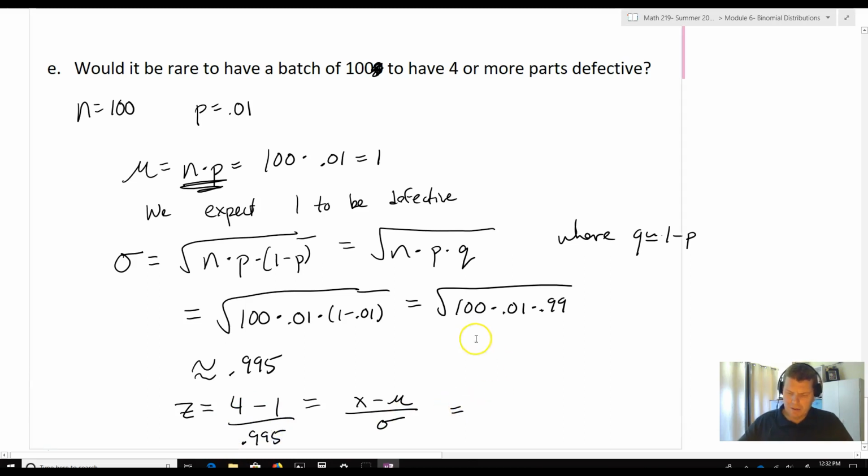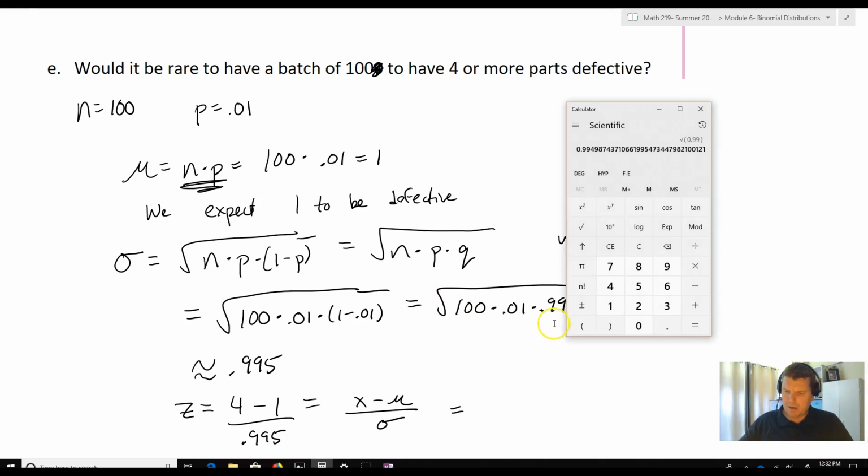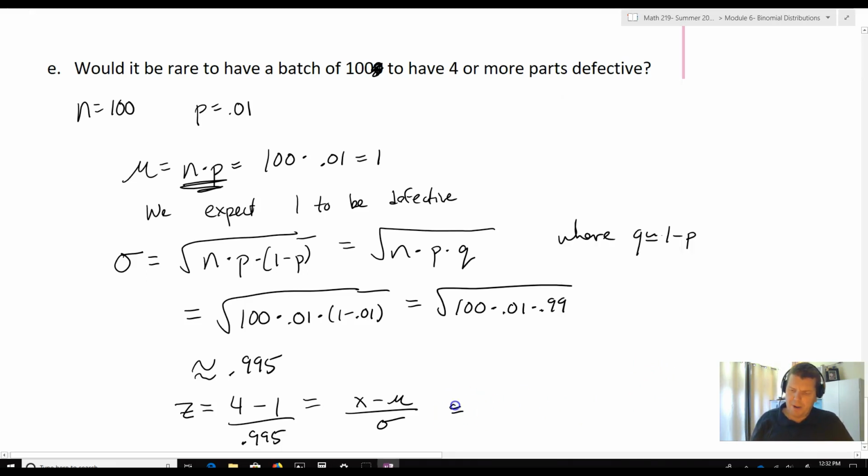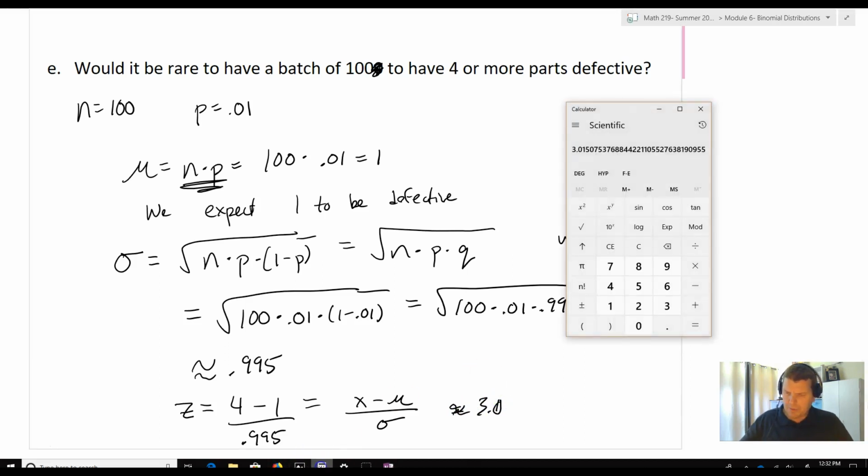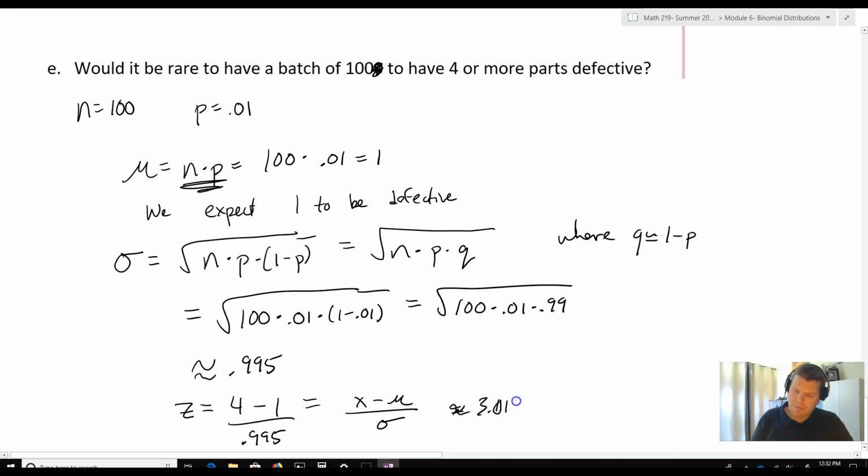Okay? So that's going to be 3 divided by 0.995. And that's 3.015.